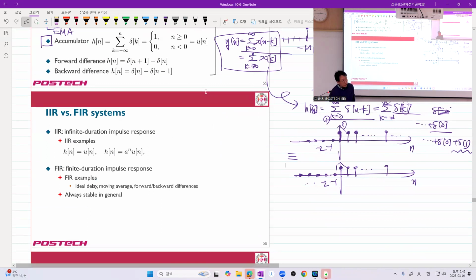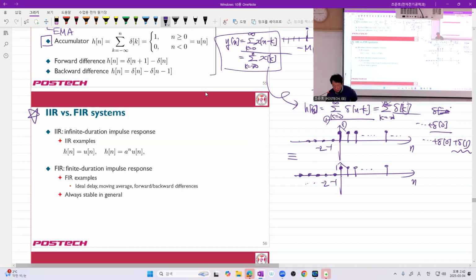And there is an important definition you need to remember, and you will say it a lot after you take this course. A DT LTI system has an infinite impulse response or has a finite impulse response.